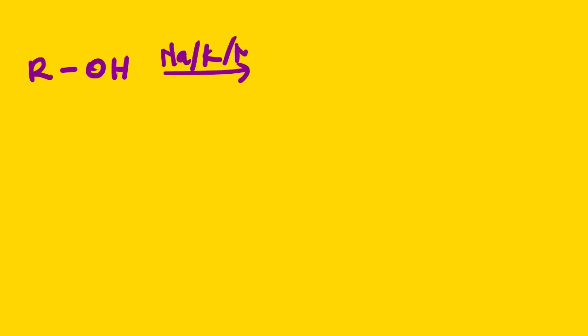So what we normally do is take an alcohol and react it with sodium, potassium, or sodium hydride as our metal hydride. This is the most common metal hydride that we use to create alkoxides. And then we get this. Then from here we react it with an alkyl halide to form an ether.